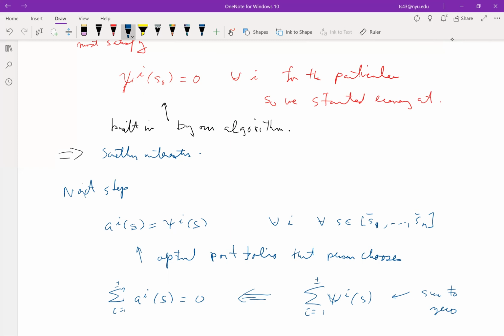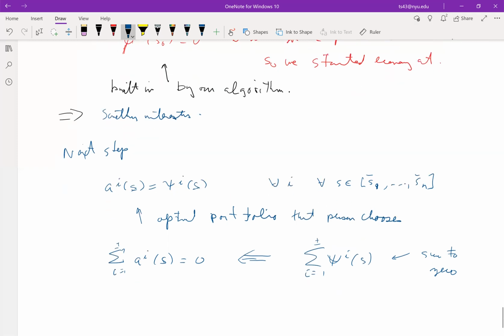People are just borrowing and lending state contingent with people inside the system. So we've sort of wrapped up this package.